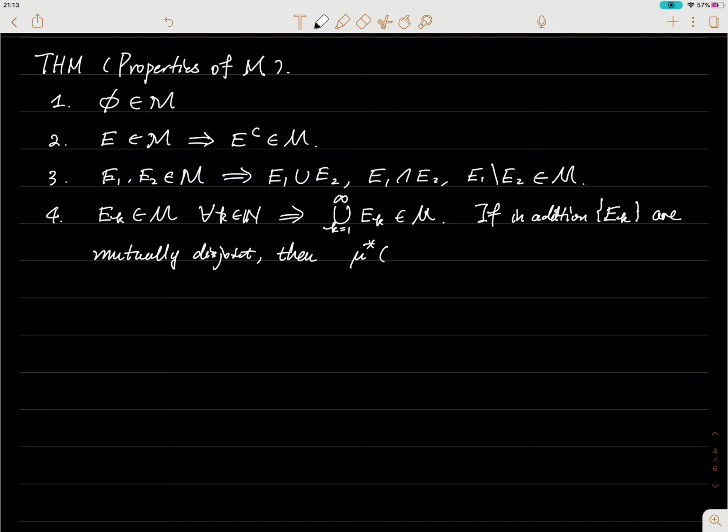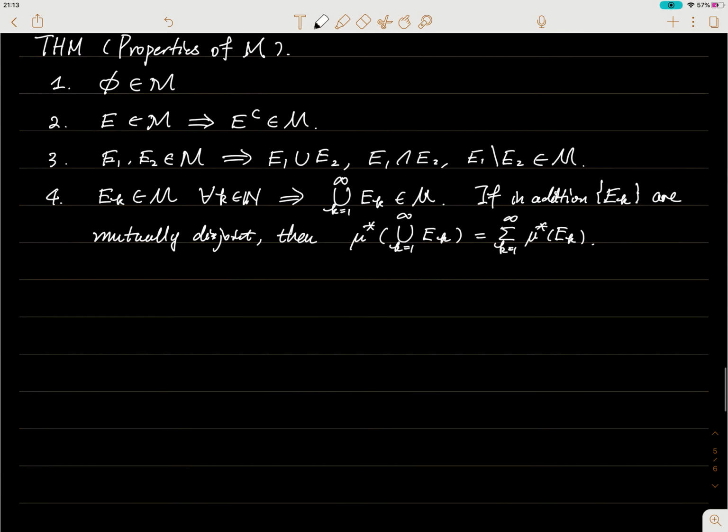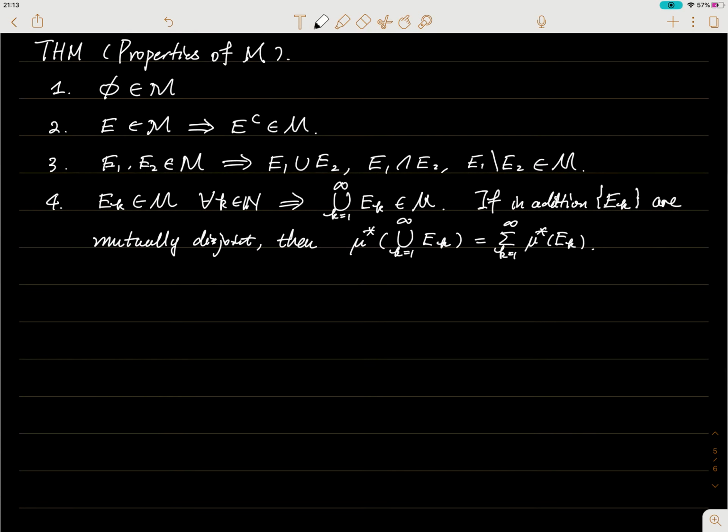That means the mu star of the union is actually the sum of the outer measures of each set, of all the sets here. Okay. So let's prove that.